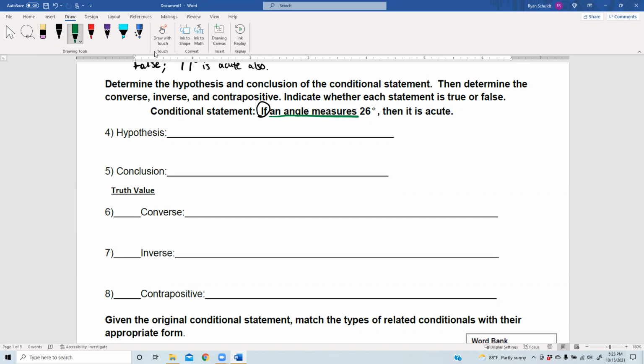So an angle measures 26 degrees is our hypothesis. And then for our conclusion, we want to look for the word then. So it is acute is your conclusion.